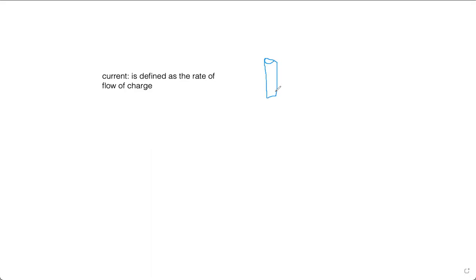So if this is a wire, and let's say X charge is flowing in 10 seconds, the current is X by 10, which is the rate of flow of charge, because this much charge is flowing in this much time.